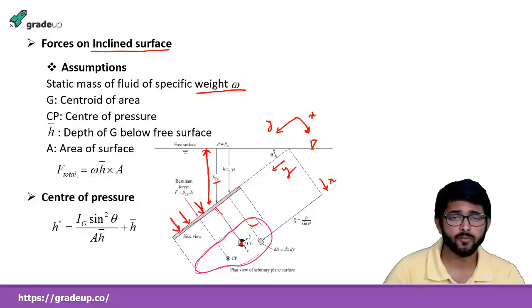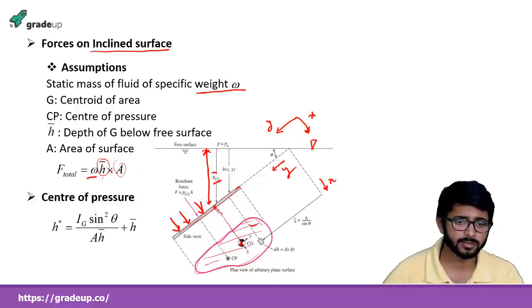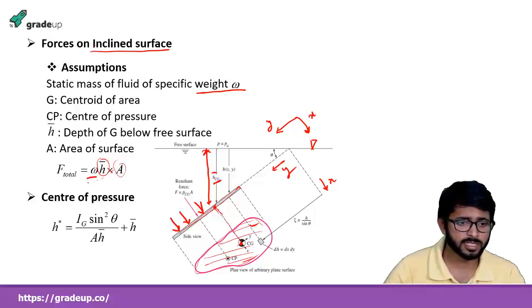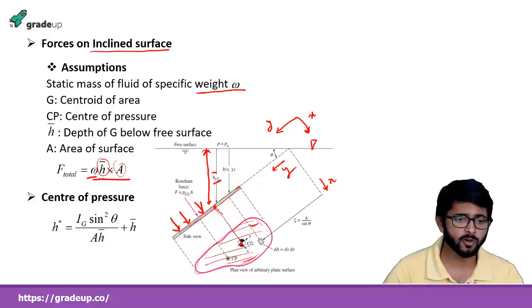So the total force formula is the same: rho g is the specific weight of the water, and h is the height of the center of gravity from the free surface. This is h bar, and the area of this plate in the xy plane is the total area. So this is how we find the pressure force. This is the total resultant pressure force, rho h into area.